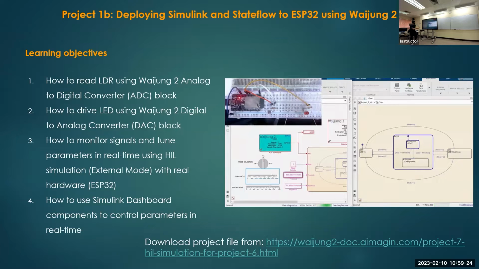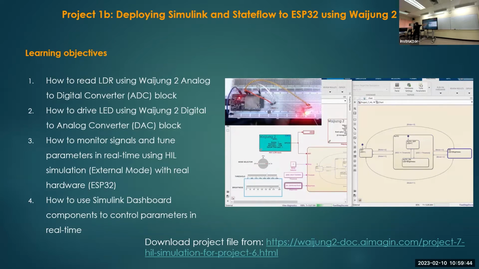And what I think you will find very interesting is that we will be introducing to you a concept called external mode today. So what external mode is, external mode creates a communication channel between real hardware, in this case ESP32, and MATLAB Simulink.